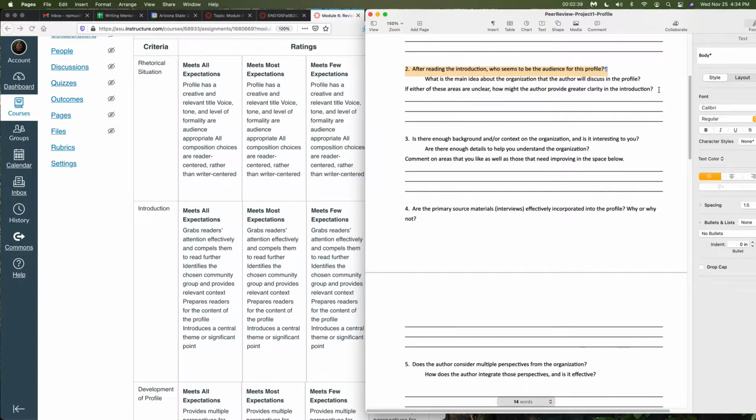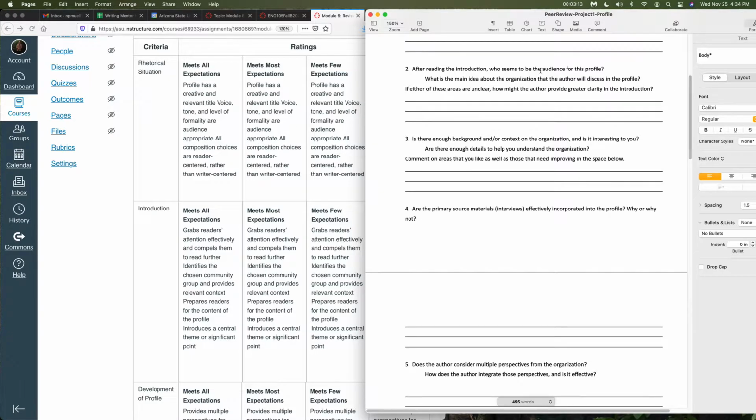Another way of phrasing this is, what is the group's or the organization's purpose within the community? If either of these are unclear, how might the author provide greater clarity in the introduction? This is an invitation to comment on what's missing. Does there need to be more context? Does there need to be more of a definition of what the group is and does, their situation within the community?